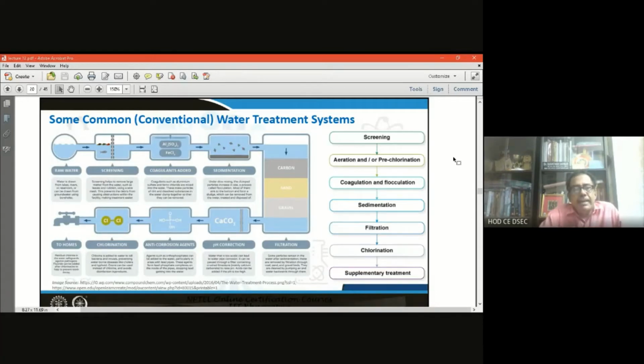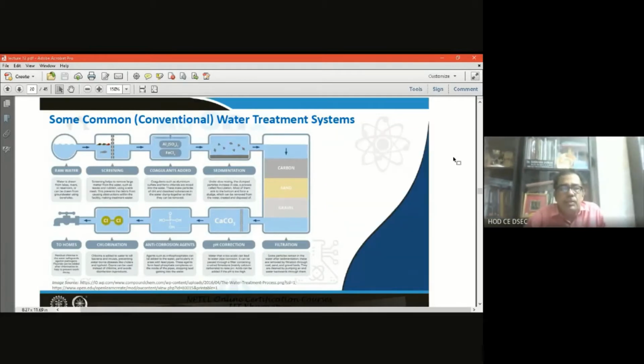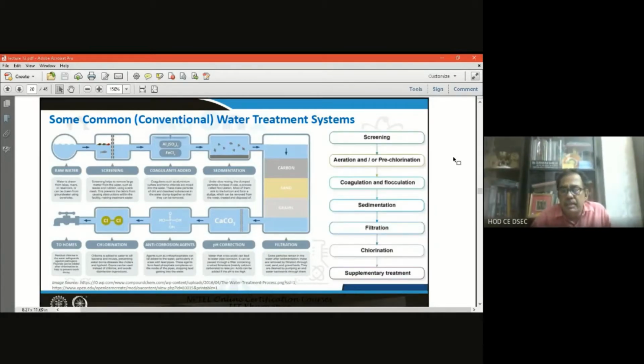So adding the coagulant like ferric chloride or aluminum sulfate is basically done to facilitate the formation of flocks, so that they can be settled.